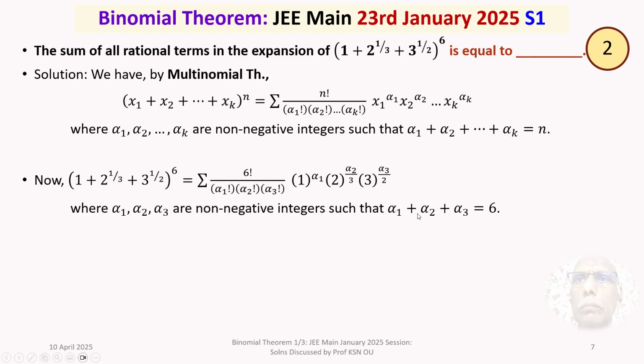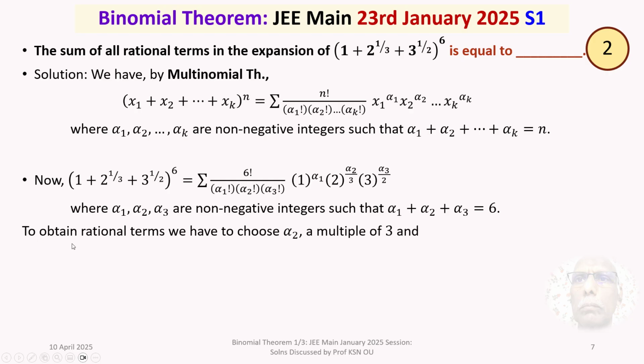These combinations you have to work out properly. Right, now you may observe this. To obtain rational terms, that means we do not want irrational terms, we have to choose alpha 2 as a multiple of 3.